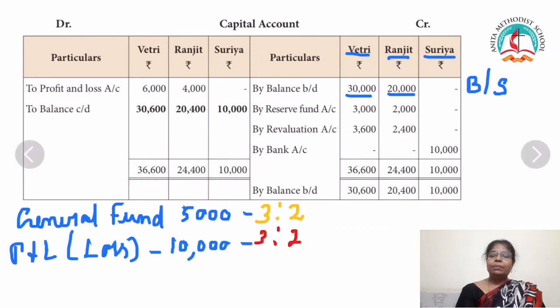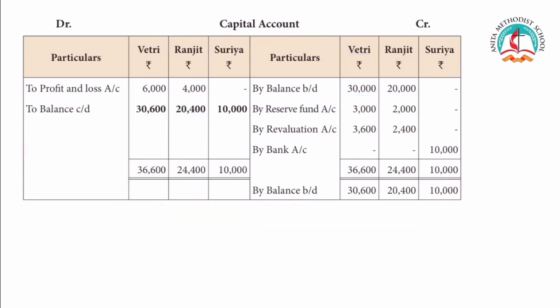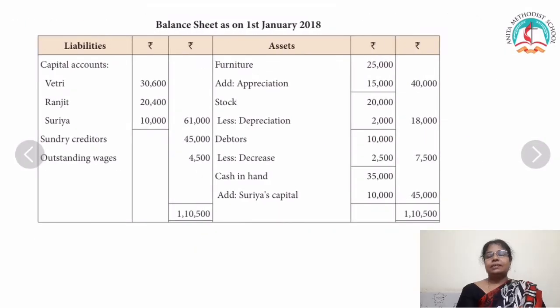Children, now we have to prepare the balance sheet. Liabilities, assets. Furniture, the book value is 25,000 and add appreciation, there is an increase of rupees 15,000. So that comes to 40,000. Stock 20,000 and the depreciation is 2,000. So less depreciation 18,000. And debtors 10,000, less decrease 2,500, 7,500. Cash in hand 35,000.